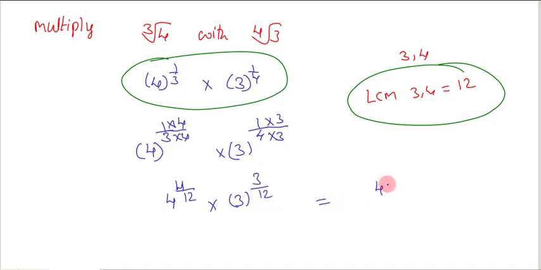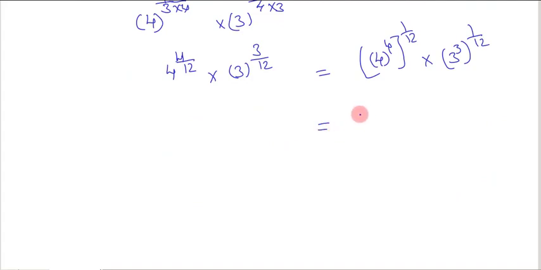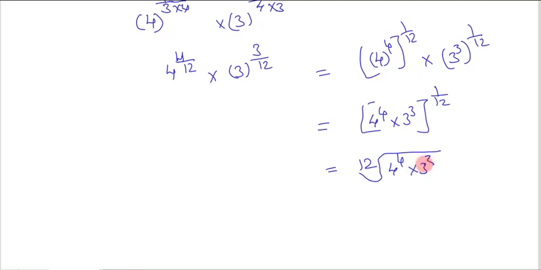This we can write as (4 to the power of 4) whole to the power of 1 by 12 into (3 cubed) whole to the power of 1 by 12. Simplifying, it is (4 to the power of 4 into 3 cubed) whole to the power of 1 by 12, so the 12th root of 4 to the power of 4 into 3 cubed. 4 to the power of 4 is 256, and 3 cubed is 27, so the product is the 12th root of 6912.